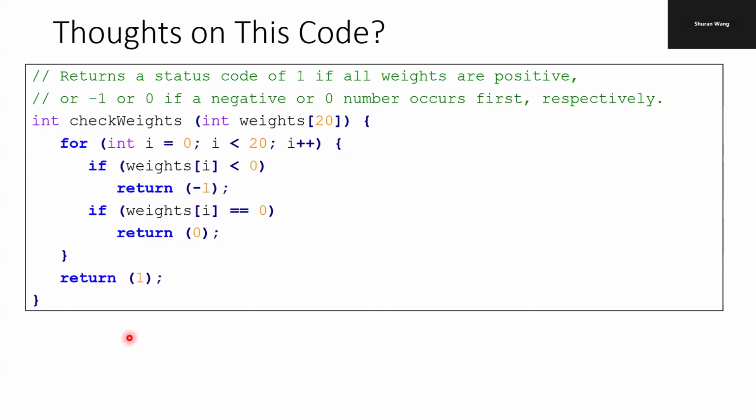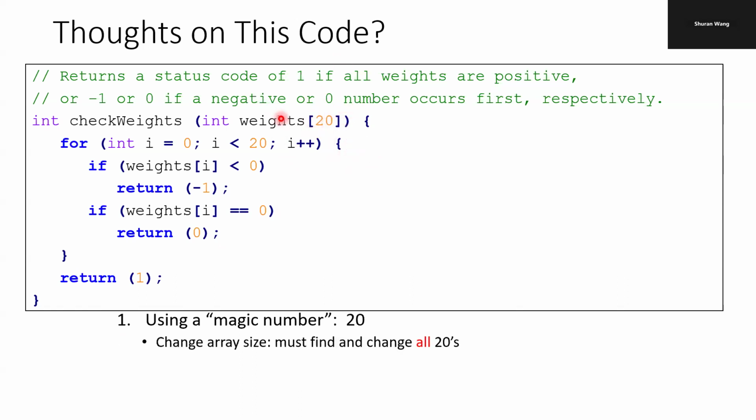There are a lot of magic numbers here. The most obvious one is the 20, which is the size of the array that we're looking at. We see that the size occurred twice.